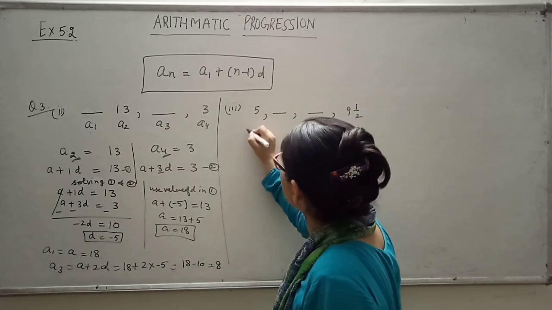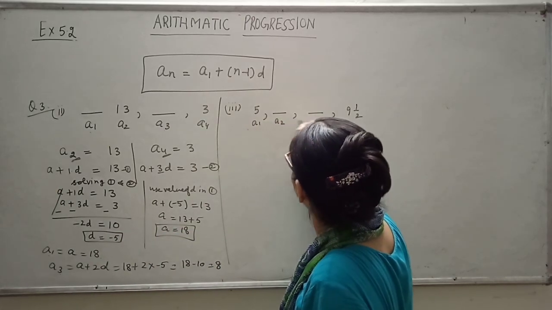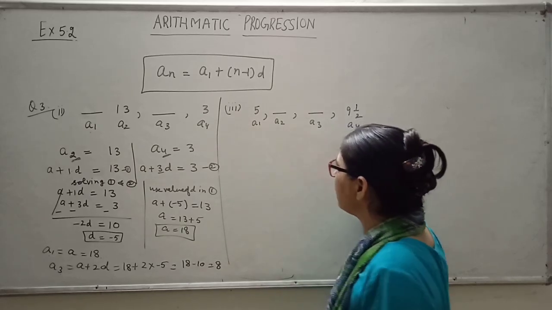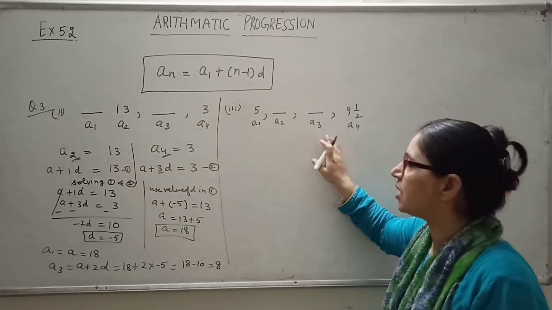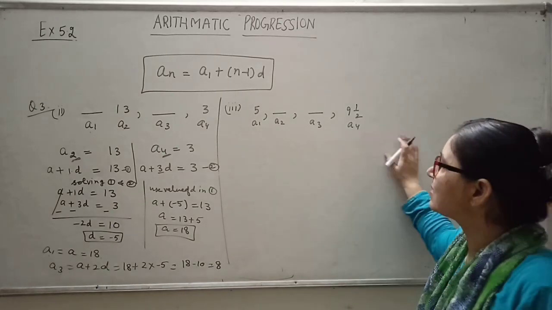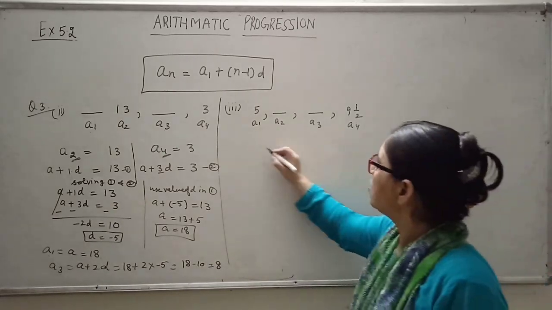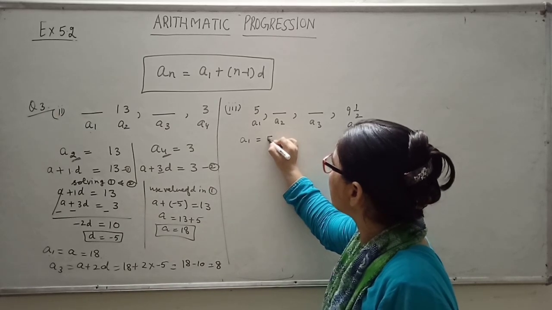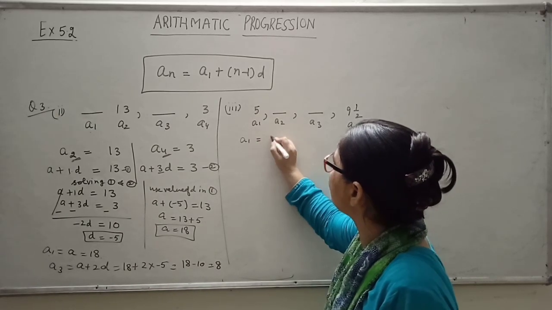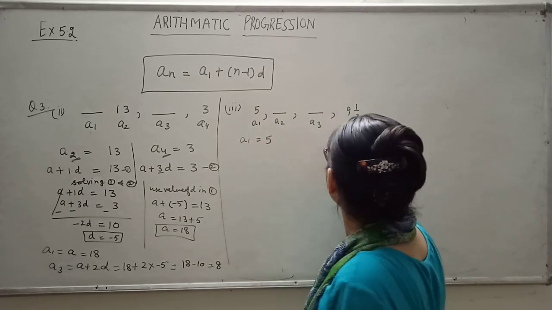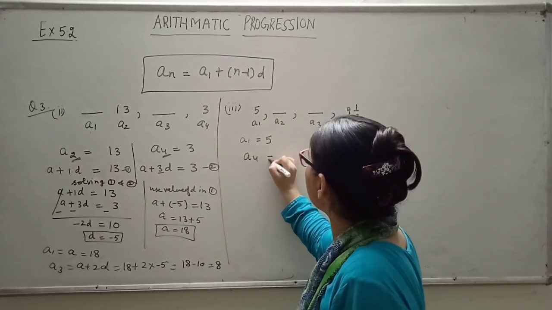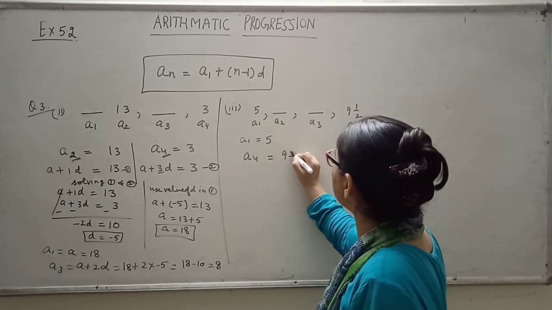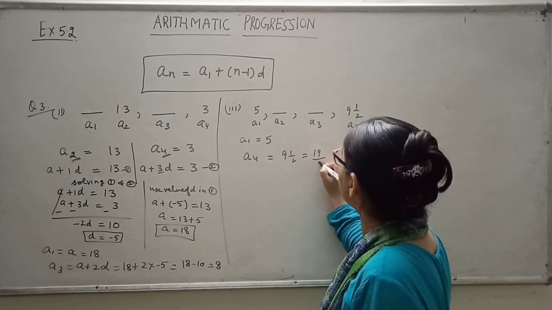अब आ जाइए इसमें, आपके पास यहाँ पर ये A1 है, ये A2 है, ये A3 है और ये A4 है। A1 and A4 have been given and you are to find out A2 and A3 and these terms are in AP, ये AP में है। तो सबसे पहले A1 is equal to 5, A1 को हम A बोलते हैं, that is equal to 5, now A4 क्या है, your A4 is 9 and 1 by 2, 9 and 1 by 2 का मतलब 19 by 2.